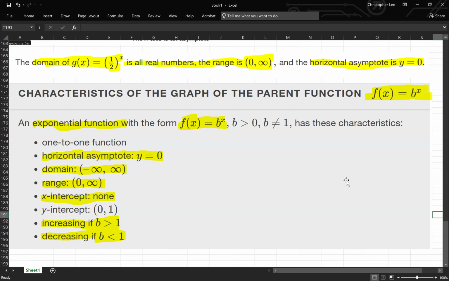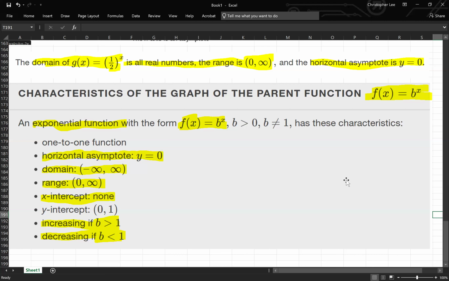It will be increasing if b, the base, is bigger than 1. It will be decreasing if b, the base, is less than 1. So if I have 3 raised to the x power, that's an increasing function, or exponential growth.